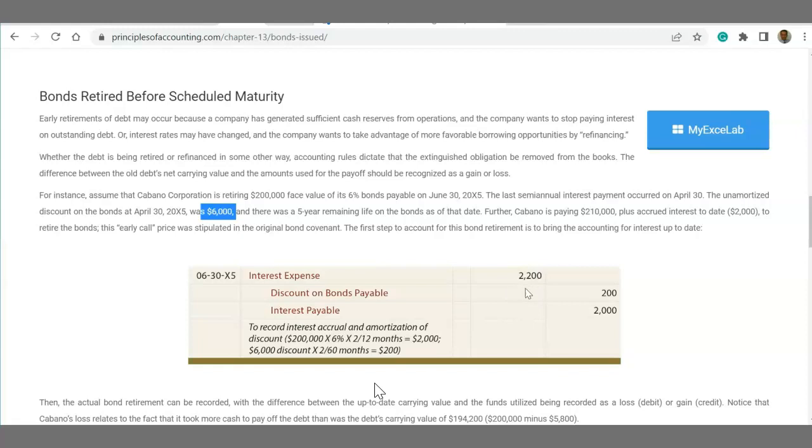So if something has a normal balance of debit, when you want to amortize it, that's a credit. And interest payable is a liability, to recognize that $2,000. So interest expense will be recognized for these 2 months that we did nothing after the last recognition on April 30th. Okay, so far interest expense has been recognized properly.